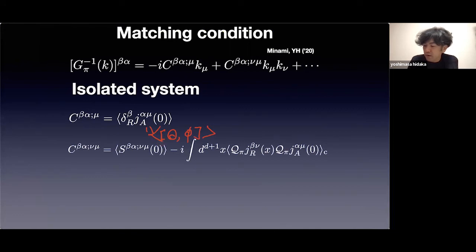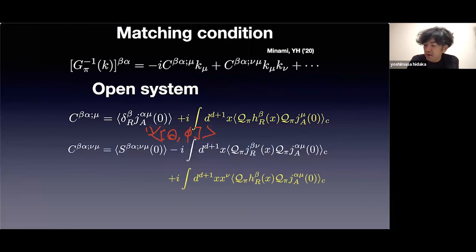So the non-vanishing expectation value of this commutator gives you this single momentum term. So that explains the type B energy mode. And if there is no this term, that corresponds to the type A mode. So this is the isolated system.